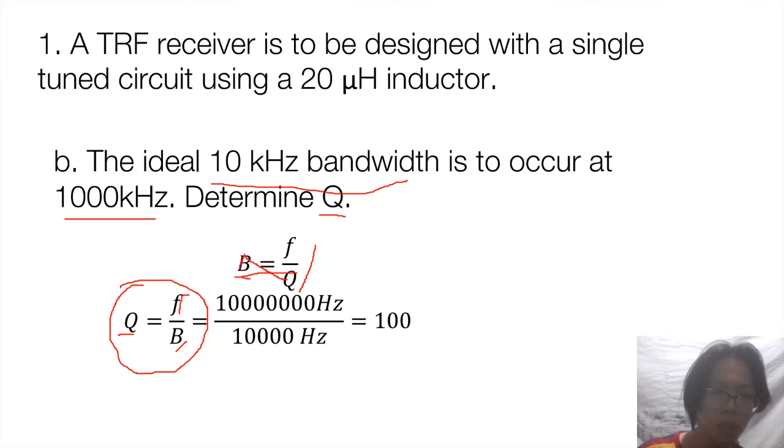We simply substitute our values. Frequency is equal to 1000 kilohertz, and our bandwidth is 10,000 hertz. Dividing them, we get the answer: the quality factor is equal to 100.